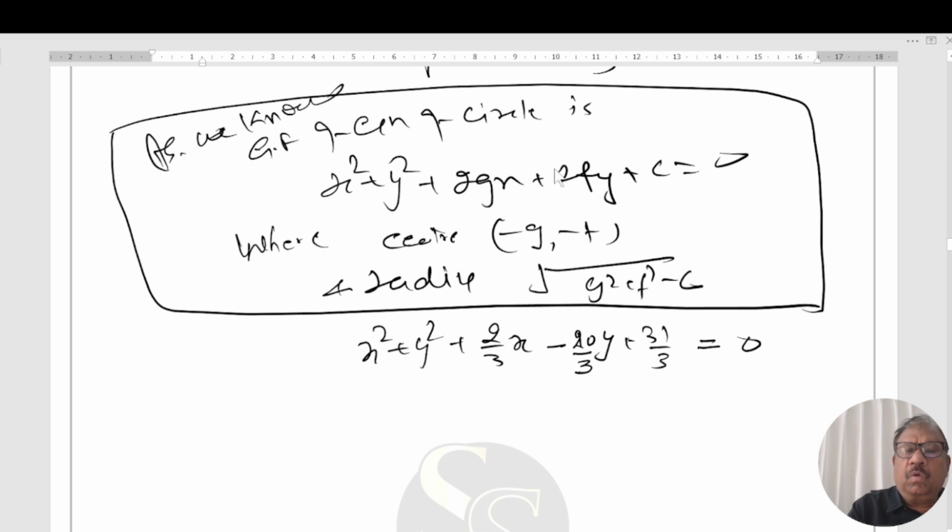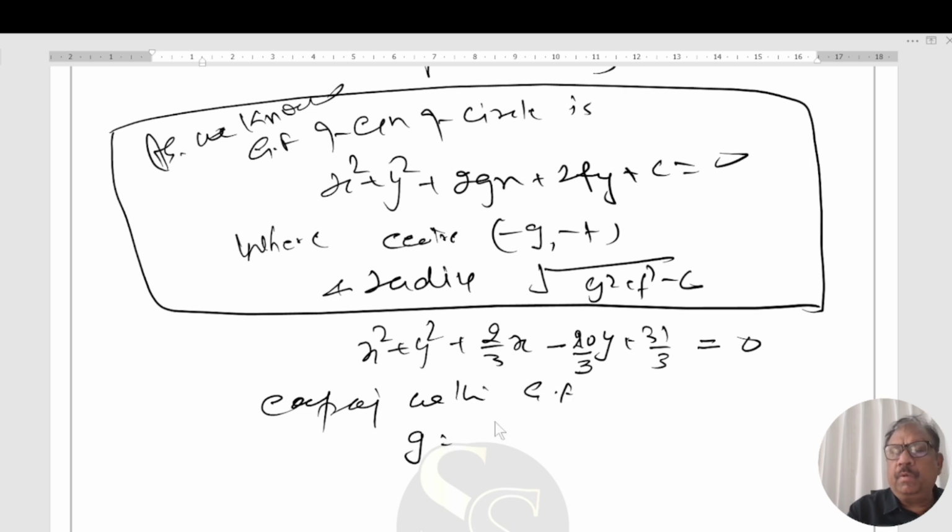Now comparing with the general form, 2g equals 2 by 3, so g is 1 by 3, f comes out to be minus 10 by 3, and c comes out to be 31 by 3.